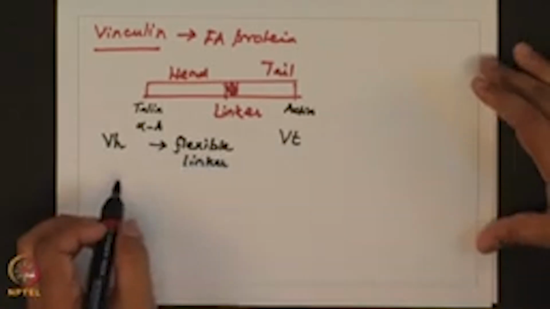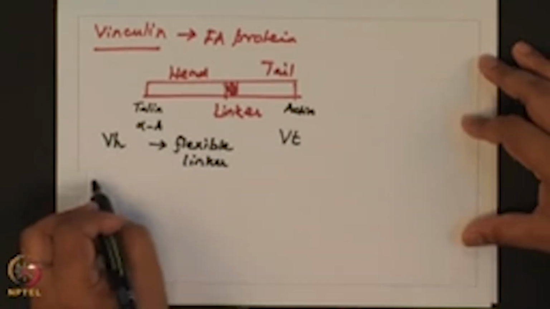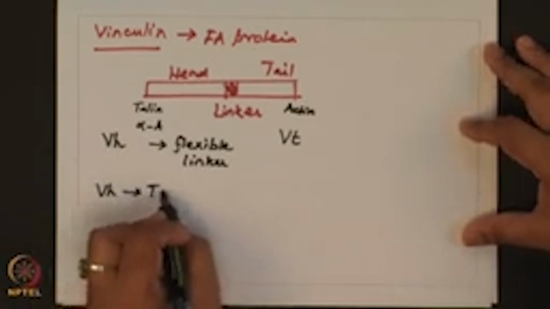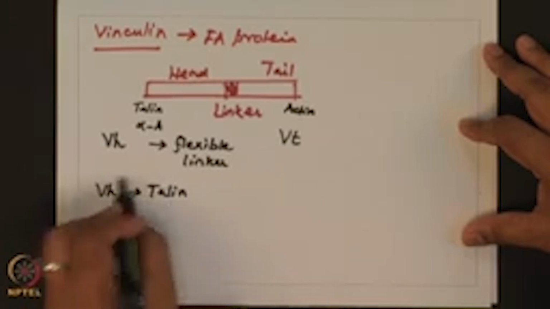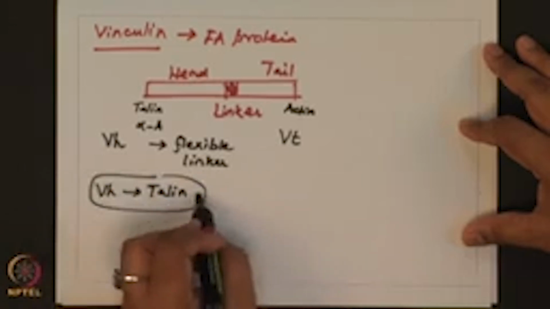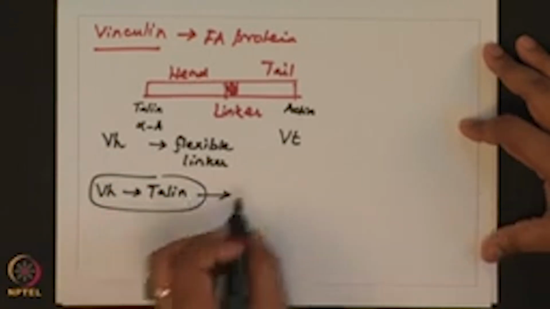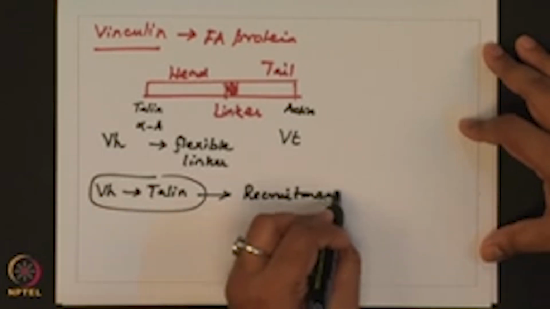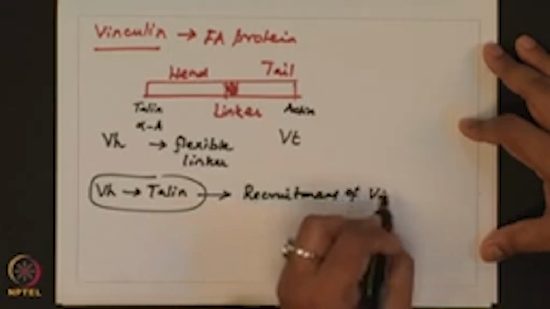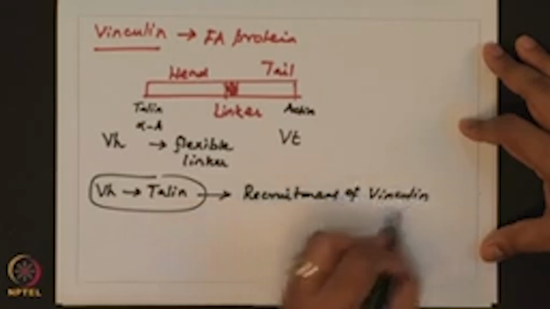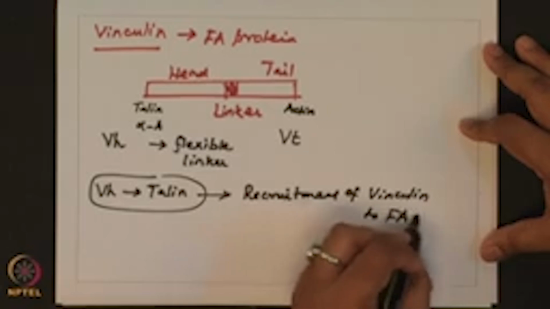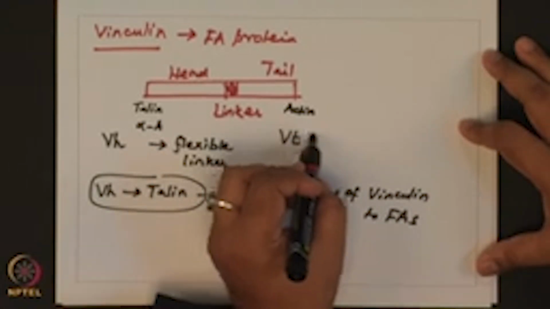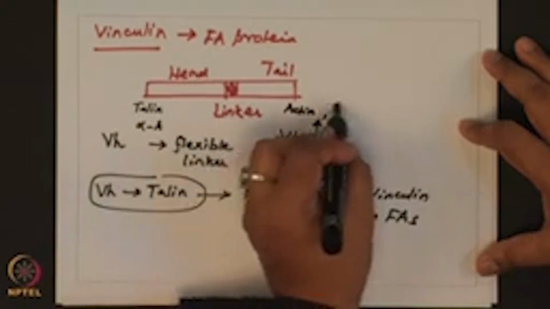Okay. So, these head and tail, let us say VH corresponds to the head domain and VT corresponds to the tail domain. Okay, they are separated by a flexible linker. Now, binding of VH, so when VH binds to talin, this event leads to recruitment of vinculin to focal adhesions, and VT as I said binds to actin and paxillin.